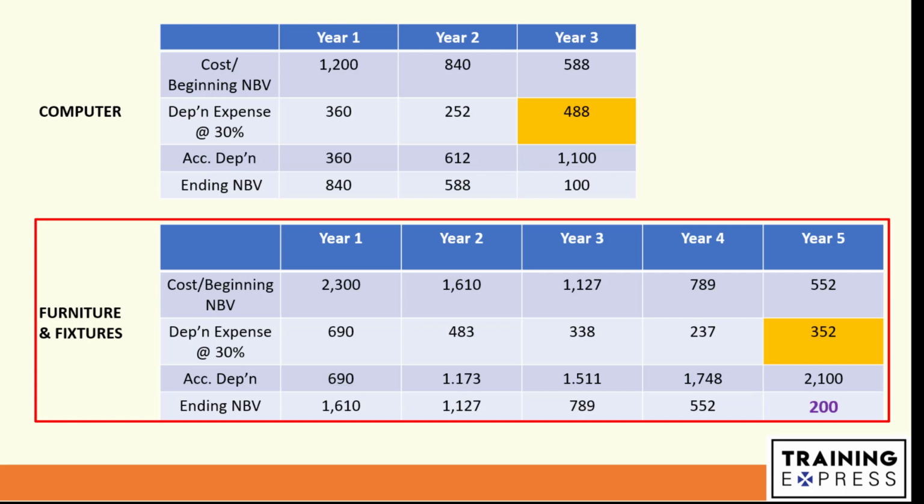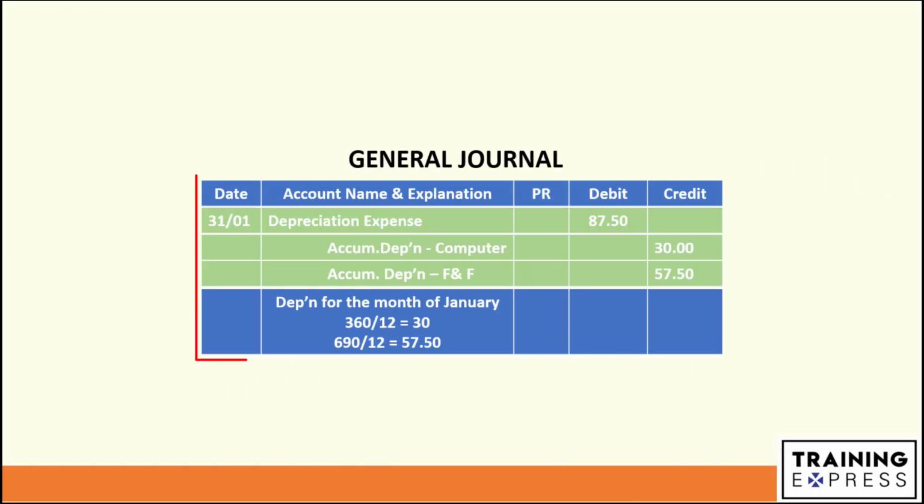But as we have assumed that at the end of year number 5, our residual value will be 200, that's why we have put a stop sign here. So residual value should be 200, which means that accumulated depreciation should be 2100. And accordingly, our depreciation here will be a balancing amount of $352.